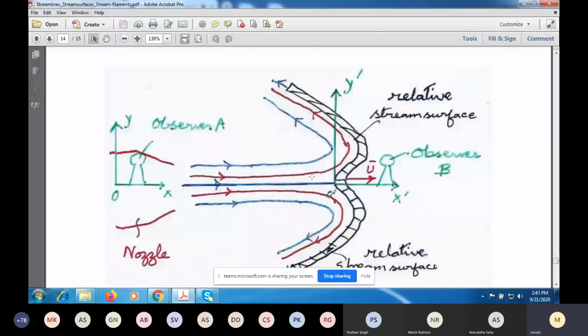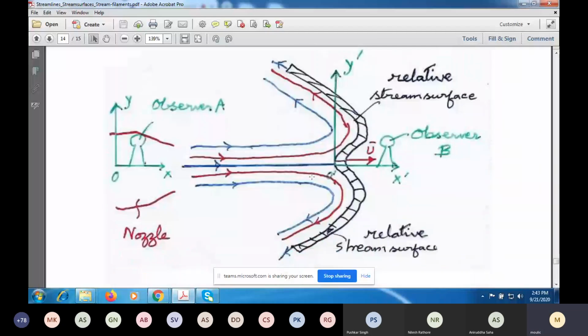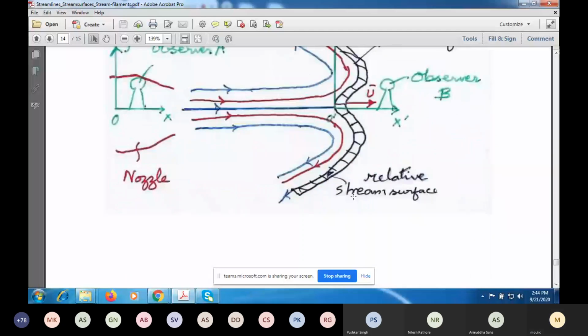The subject will become interesting only if you understand the physics. So what is causing the force? What is the origin of the force on the bucket? We would like to understand that.